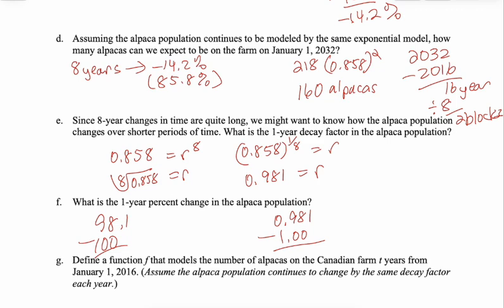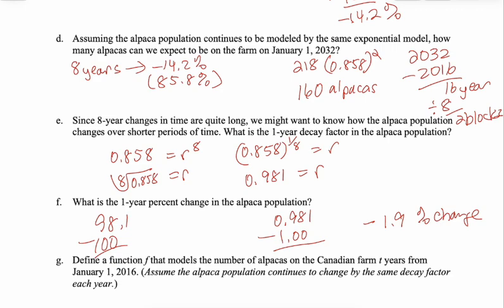We get a negative 1.9% change. Okay. So that, did I subtract right? 0.981 minus 1. No, I did not subtract. Well, I guess that would be percent-wise. Yeah, I think that'd be okay.